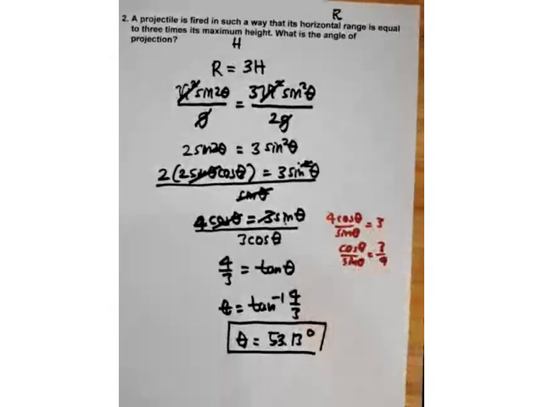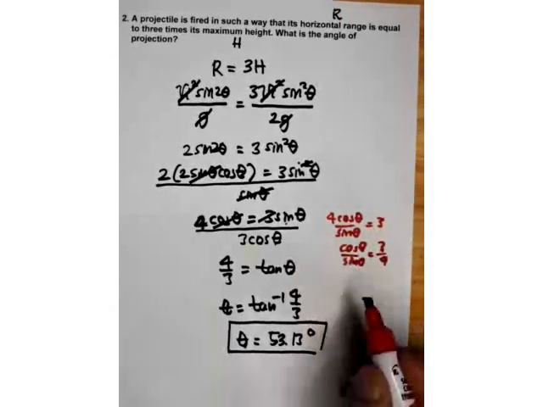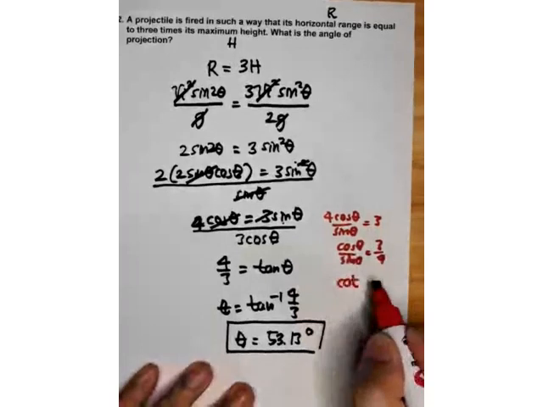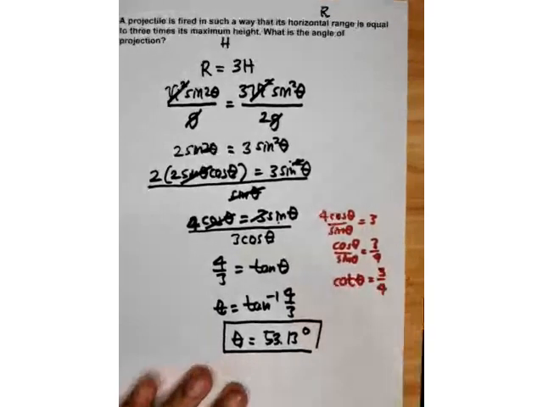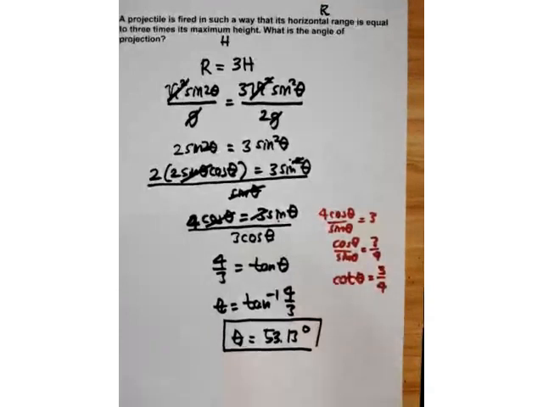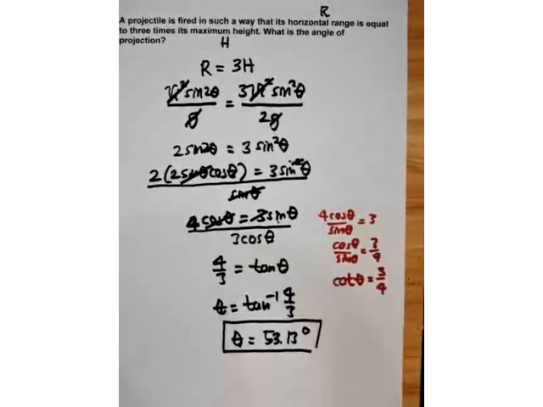Parang ganun ba? Parang ganyan, sir. Opo. Kaya lang, ang cotangent kasi wala sa calcu. Pero kapag kung sakaling ganyan, sir, parehong answer lang po yung makuha nun. Oo. Pareho lang. Okay po, sir. Thank you.